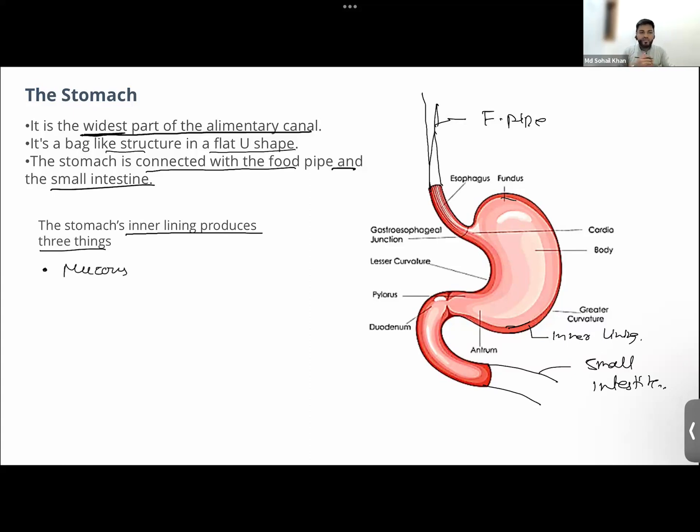Then you have another secretion called hydrochloric acid. Okay, Sundus and Vaiga, hydrochloric acid. And then it secretes another type of digestive juices as well. So the first secretion is mucus, but let's talk about hydrochloric acid first.